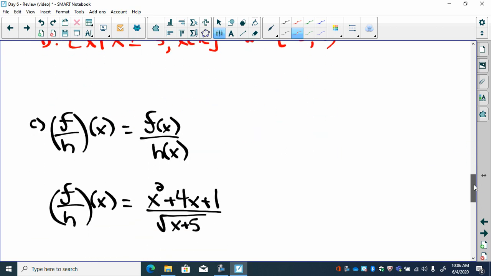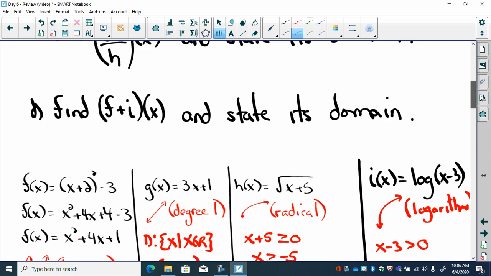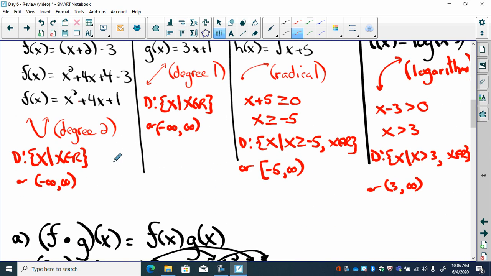All right, f of x divided by h of x. f of x was the quadratic function. h of x was the radical function. So, same situation. If I look at the domain of f of x, it's x belongs to the real numbers. The domain of h of x is x greater than or equal to negative 5.